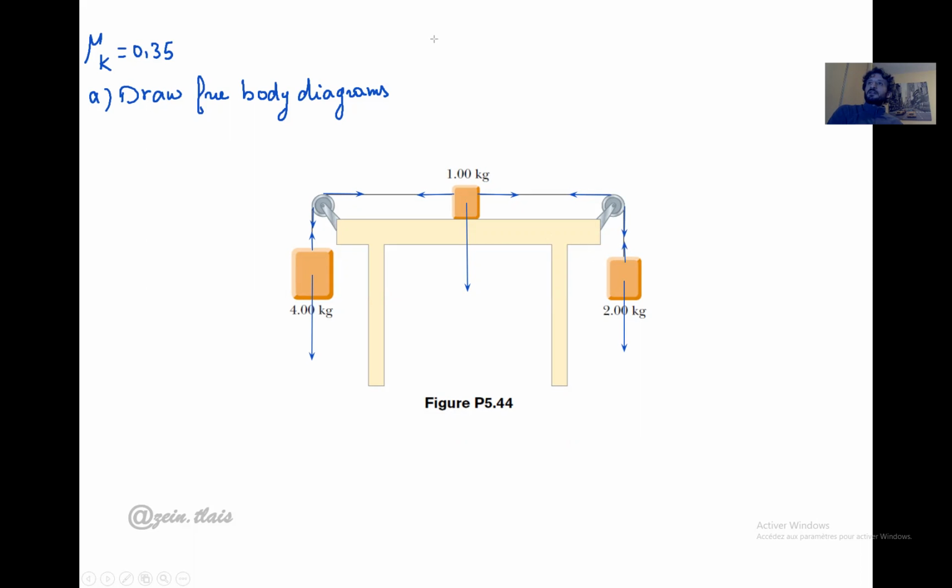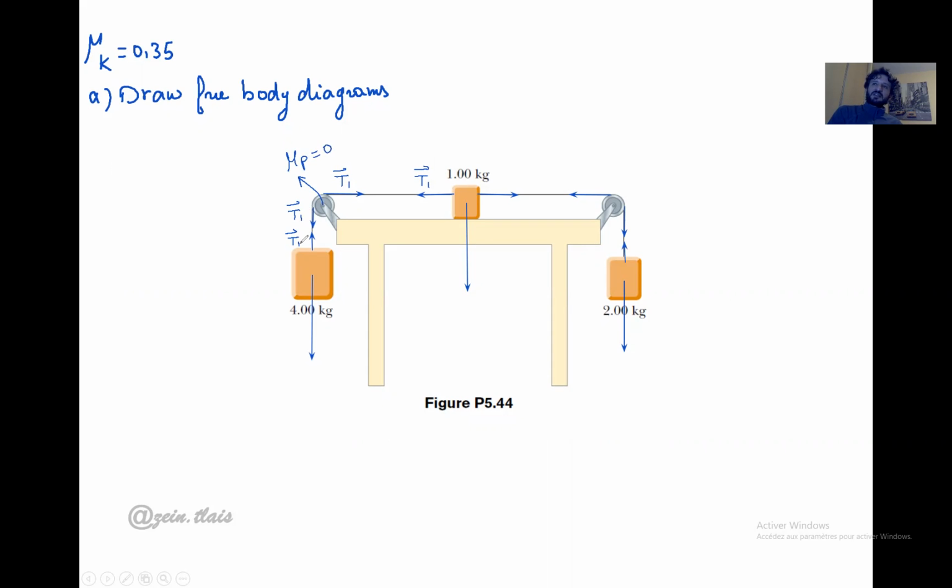Okay, let's write, because the pulley is massless and frictionless, we can write here T1, T1, T1, and T1. We have the same tension because the mass of the pulley equals 0.